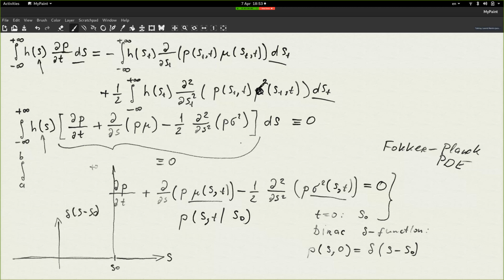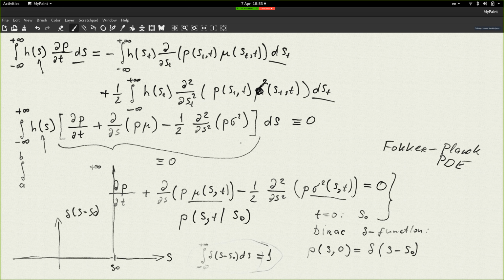So it is 0 everywhere apart from a single point. In that single point, it is equal to plus infinity, and the integral of this delta function from minus infinity to plus infinity, delta of S minus S0 ds, is still equal to 1, as it should be for an integral of a probability density.